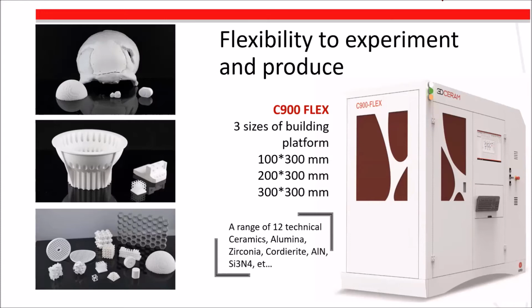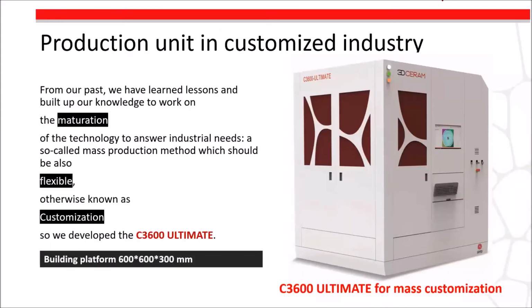We call it Flex because you have flexibility to do experimentation first with a small building platform, 100 by 300 millimeter. But when you have the part ready with the right parameters, you can go to a bigger building platform, 200 by 300 or 300 by 300. So it means that you can also produce parts. That's all for this slide. Phil, thanks.